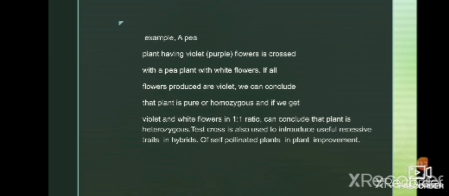And if we get violet and white flowers in a 1:1 ratio, we can conclude that the plant is heterozygous. This cross is also used to introduce useful recessive traits in hybrids of self-pollinated plants in plant improvement.